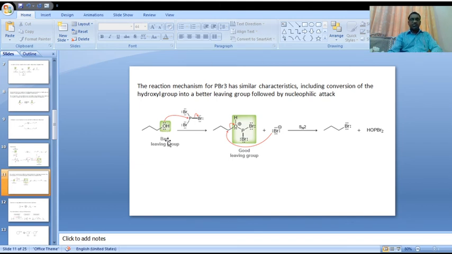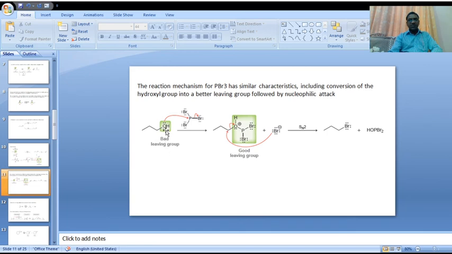Here, please observe, primary alcohols are involved in this reaction. Primary alcohol, propyl alcohol. This type of structure, the alcohol, is called a bad leaving group.